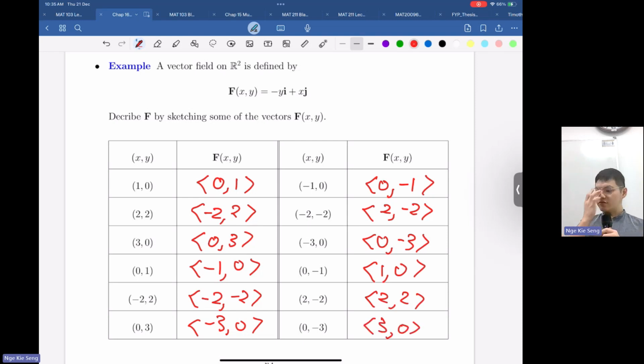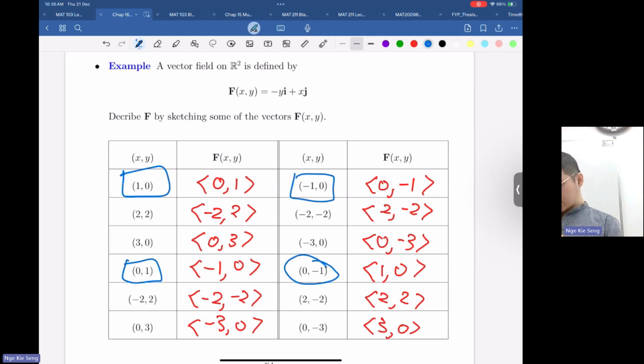So how do you plot this? Maybe we see from these 4 points first: 1, 0, 0, 1, minus 1, 0, and 0, minus 1. Why do I pick these 4 points? They live on the same circle, all at length 1 from the origin.